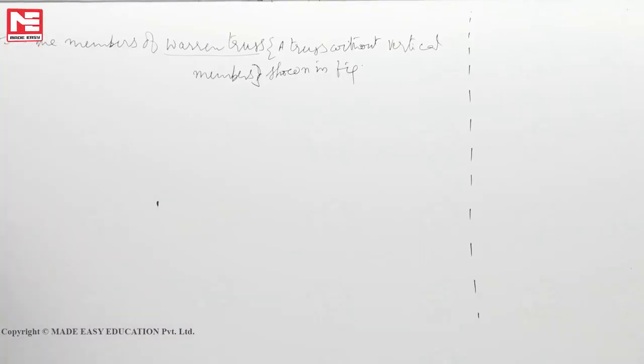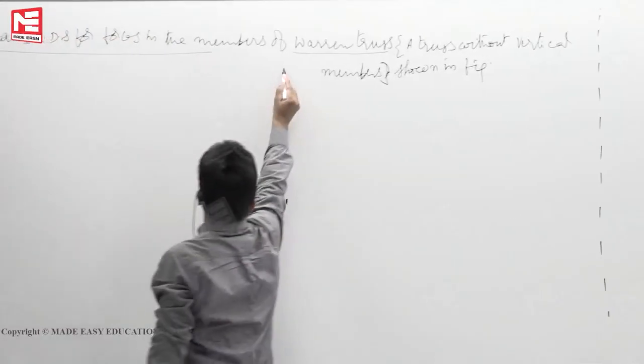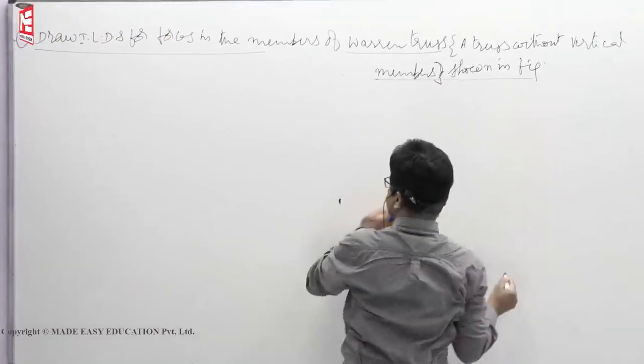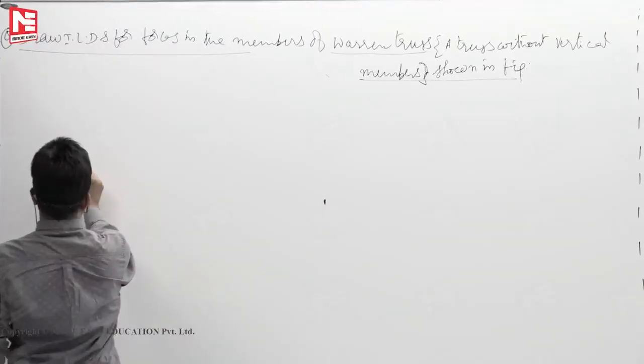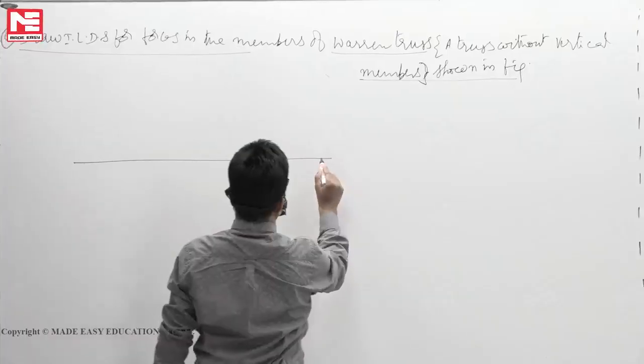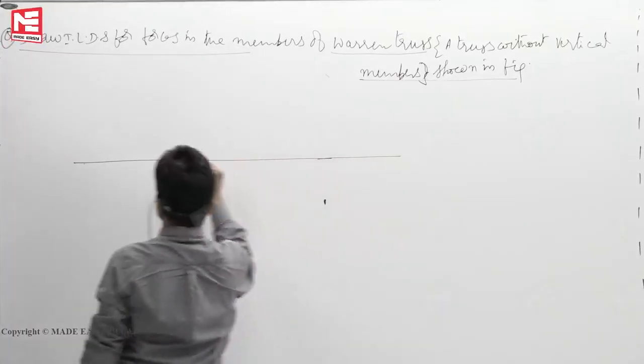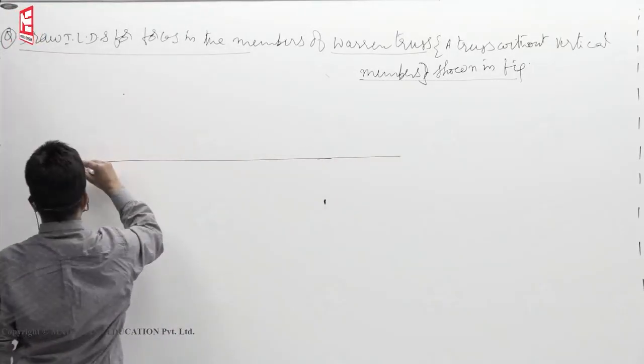Now we'll try to draw influence line diagrams for the forces in the members of Warren Truss. Assume that this is one such Warren Truss.